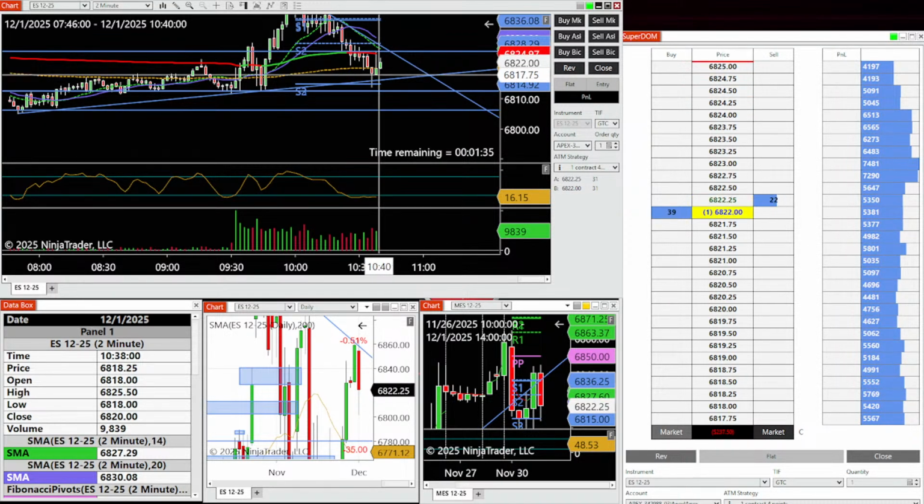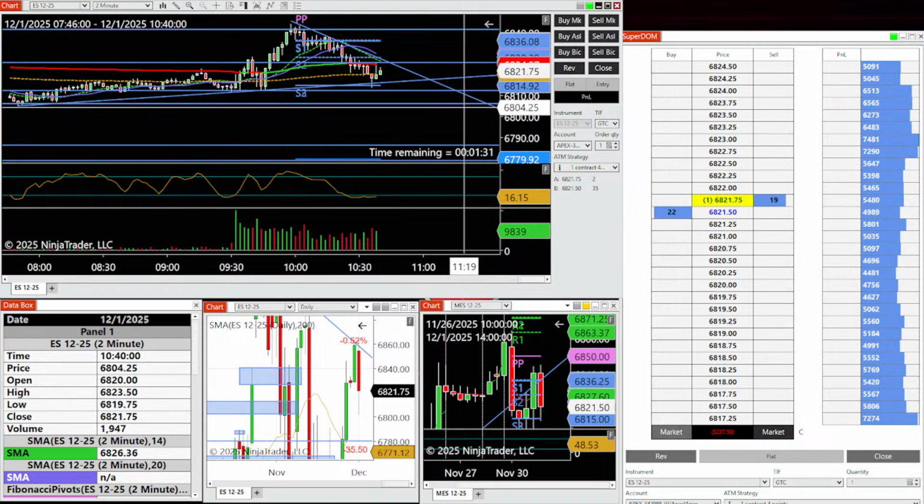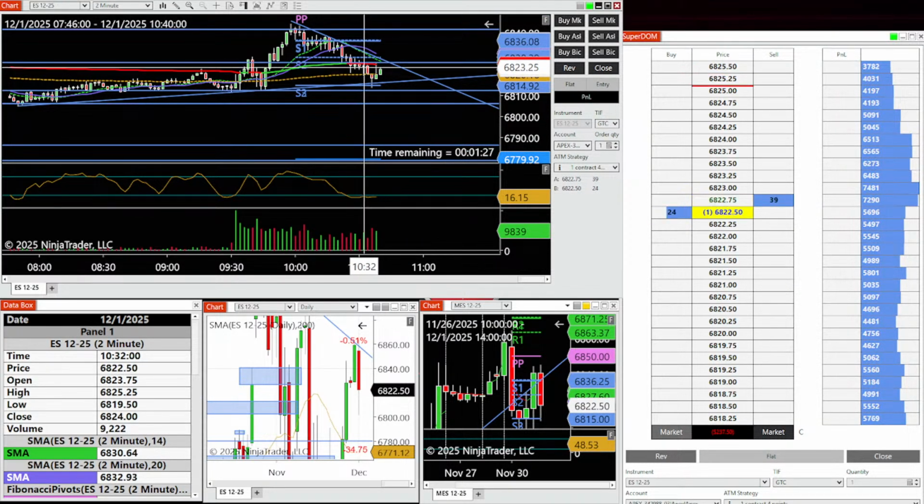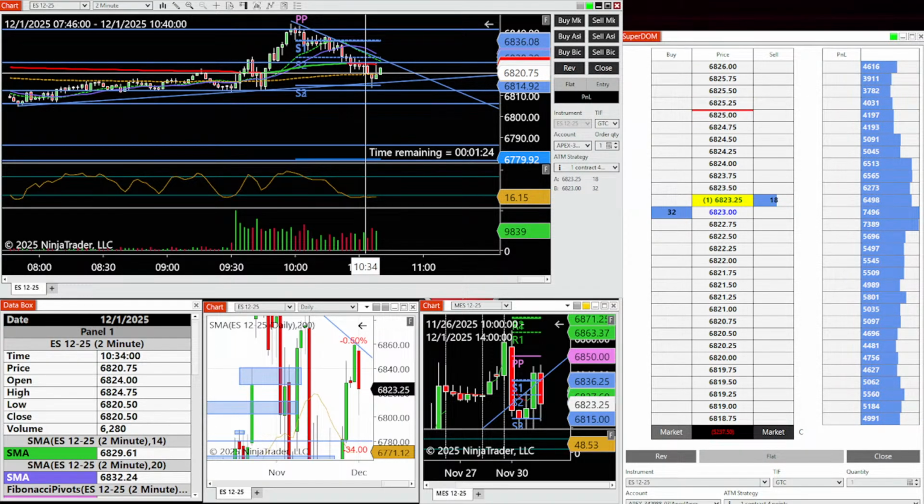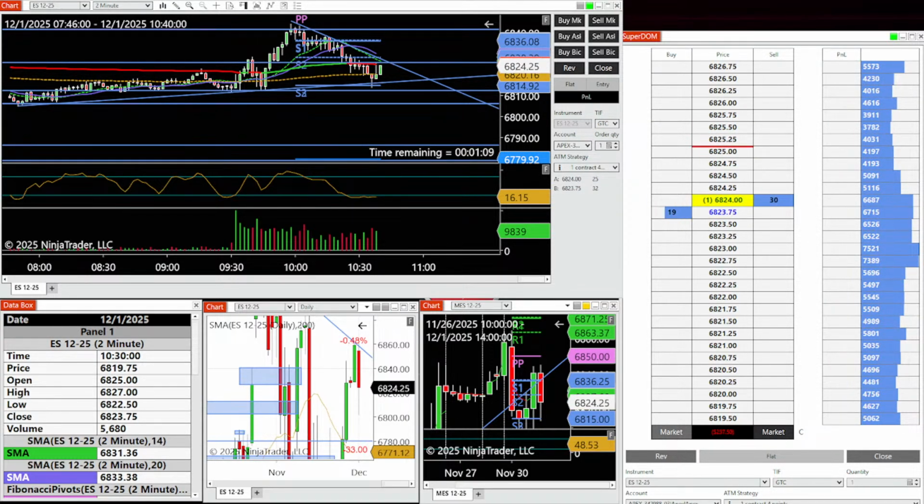Look at that, from 13, 15 to 25, 50. Over a 10-point move. Back at VWAP.